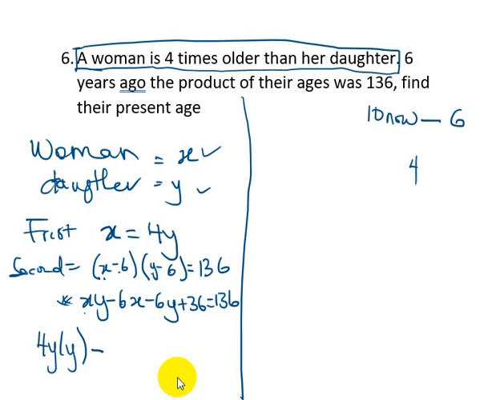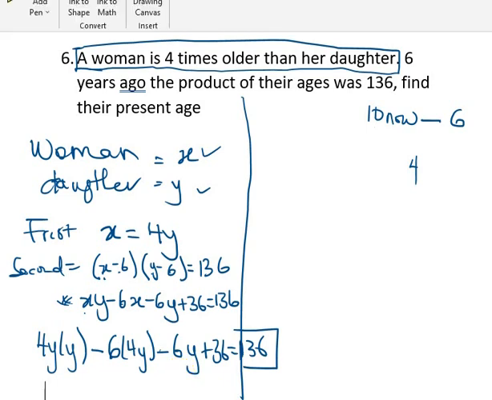Then minus 6 again with 4y, bracket close, minus 6y plus 36 equal to 136. Now let's simplify it.